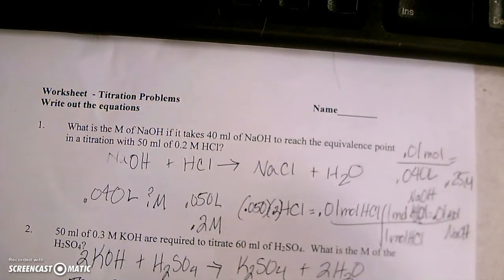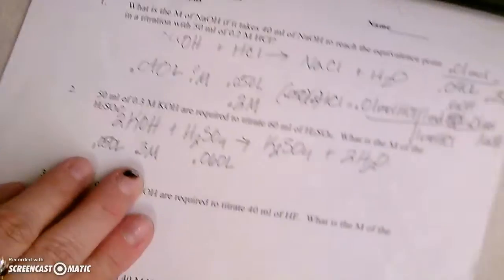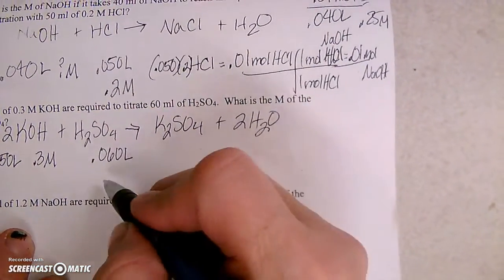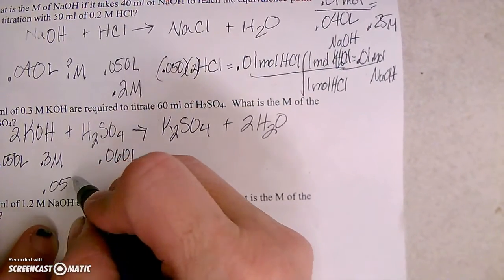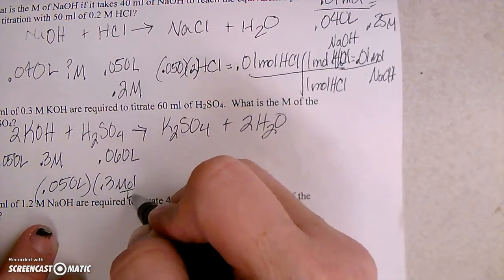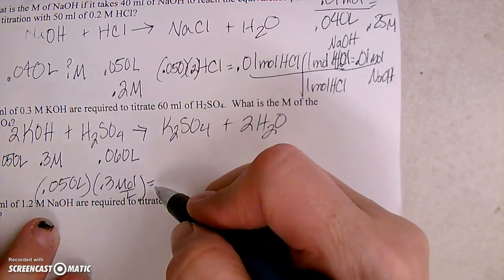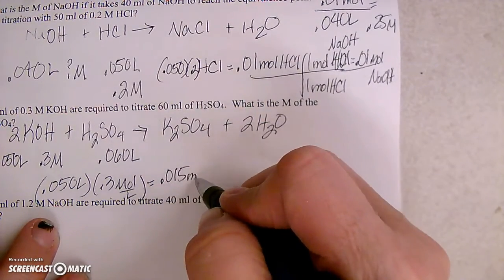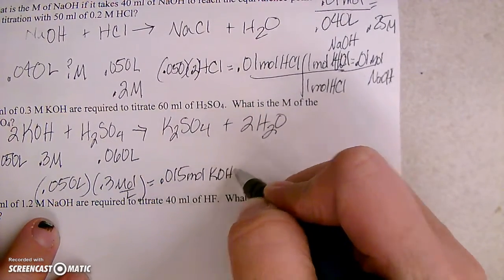Again, we start with what's known, our potassium hydroxide. So, 0.050 liters times 0.3 moles per liter gives us 0.015 moles KOH.